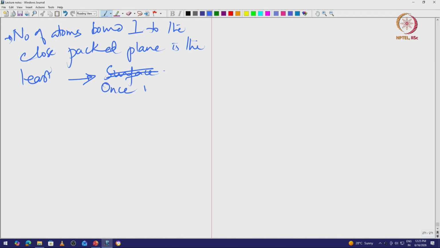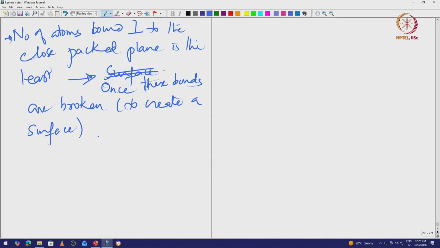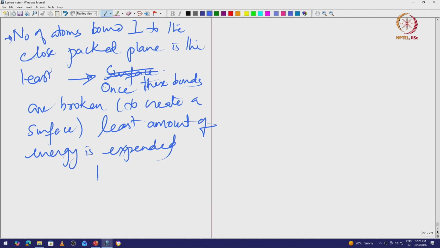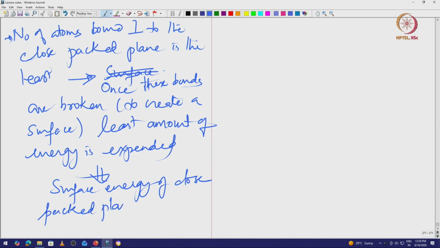Once these bonds are broken to create a surface, the least amount of energy is expended. And so, the surface energy of close packed planes is the least in any crystal system.